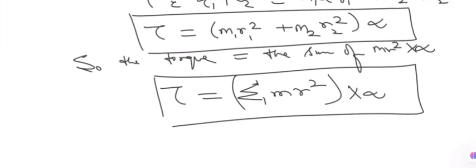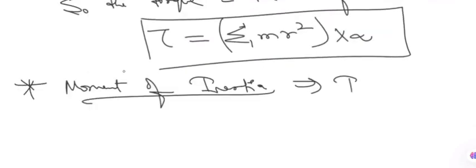And its SI unit will be kg for mass and meter square for r square. Understood? Any doubts? So therefore, this formula is further simplified as torque equals I alpha.